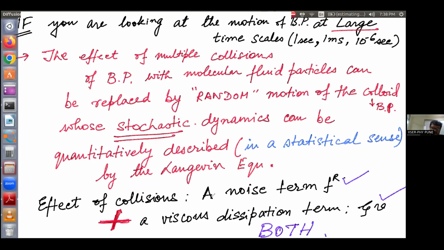It's the combination of the noise term, the random force, and the viscous dissipation. The effect of the fluid is both, not just the random kick. The random kick is balanced by the frictional force, zeta v. Both the terms together describe the effect of multiple collisions of the fluid particles with the colloidal particles.